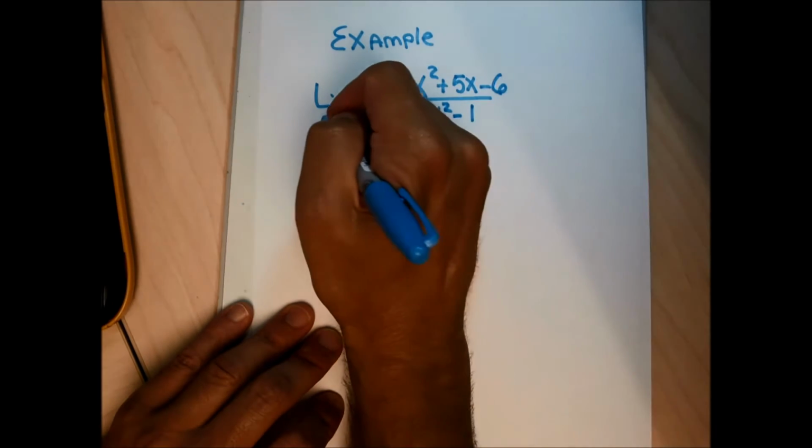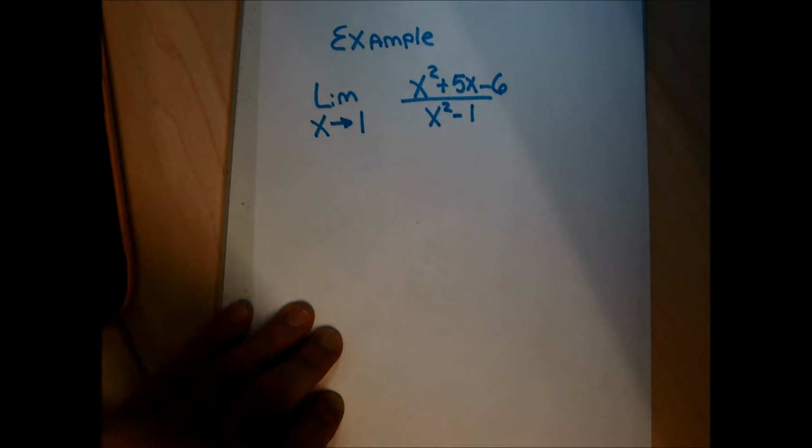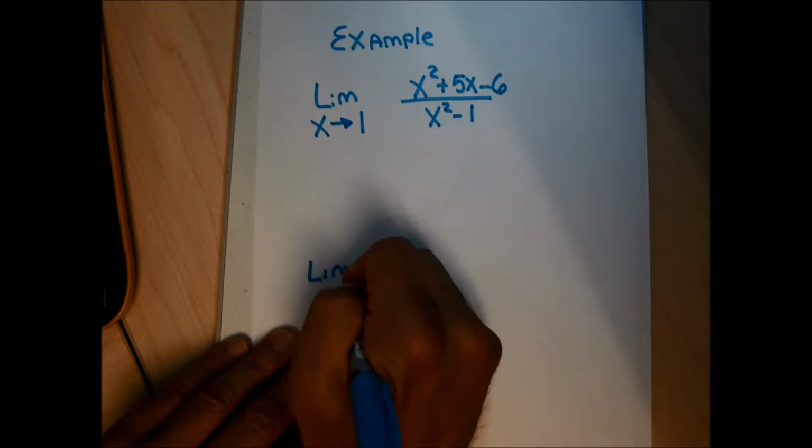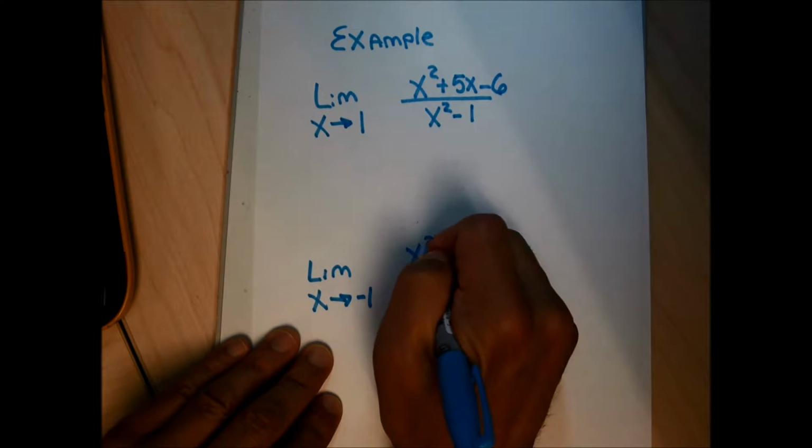I'm going to do the limit as x approaches positive 1 of this fraction, and I'm going to do the limit as x approaches negative 1 of this same fraction.